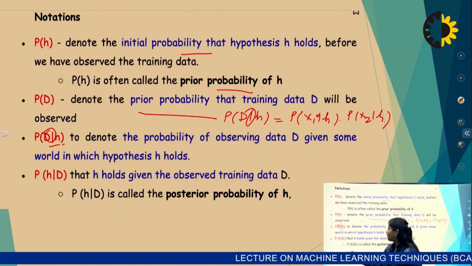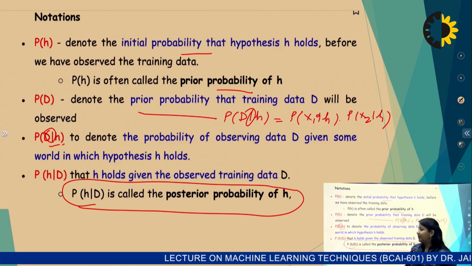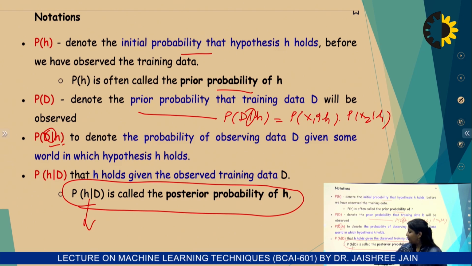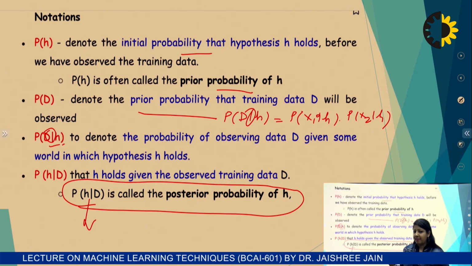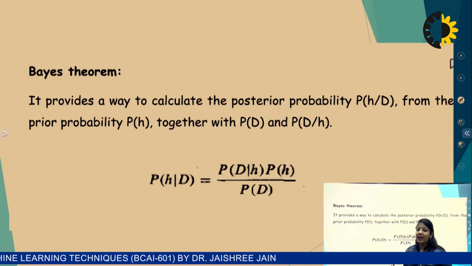This is called the posterior probability, in which we check which hypotheses are actually true with respect to that data set. The hypothesis that has the maximum probability, that the data belongs to that class, will be fetched from here. Or for unseen data, we can predict which hypothesis has the maximum probability with respect to that feature value.